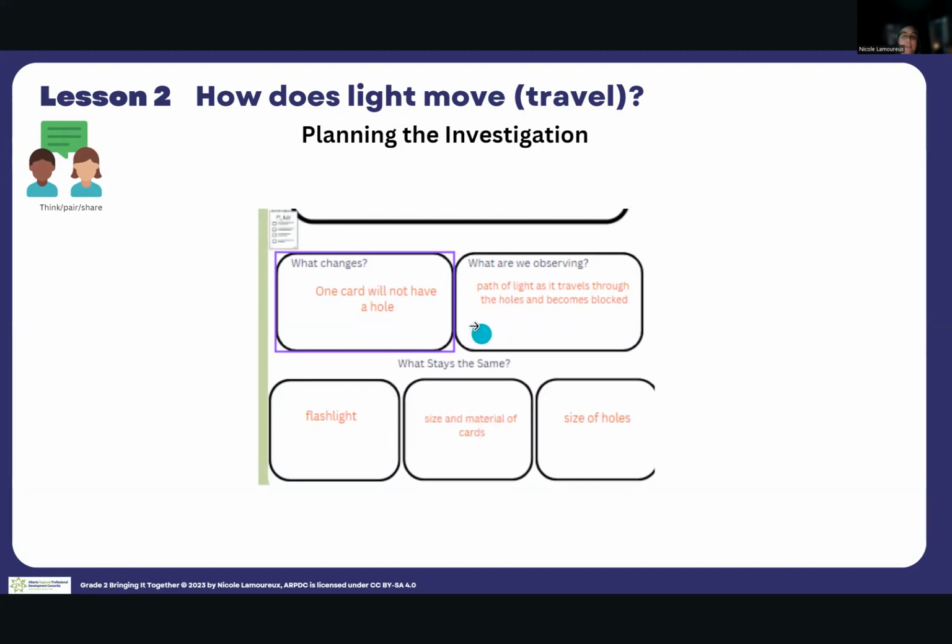What are we observing? Really make sure, because we can't take this for granted. We're observing how the path of light travels, if it will move around an object. Determining, that's the skill: determine if the observation meets the purpose of the investigation. What changes? One card will not have a hole, right? Because we're going to place that in front to block the light.